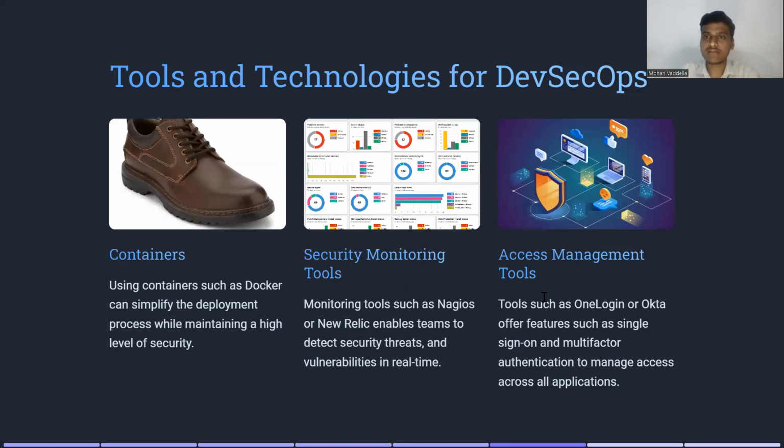Next one is the tools and technologies for DevSecOps. The tools we use for DevOps should be kept as they are, like Docker, Git, Ansible, Jenkins, CI/CD pipelines, Terraform, Grafana. All these tools will be kept aside.